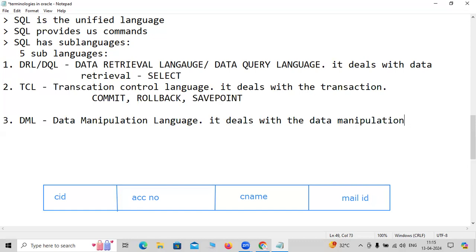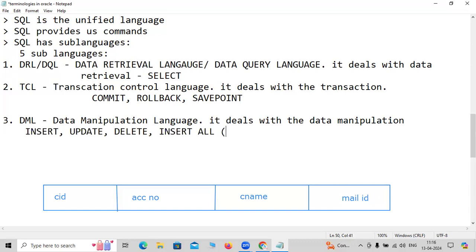If we want to bring some changes in the data, or we want to remove the data, or we want to introduce new data. This DML offers commands like insert, then update, then delete, then insert all.